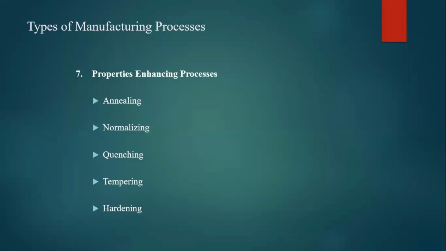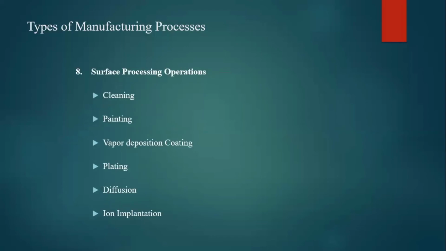Then we have another category of manufacturing processes that involves the property enhancing processes: annealing, normalizing, quenching, tempering, hardening. Then we have the surface processing operations, which involve the cleaning operations, painting operations, vapor deposition, coatings, platings, diffusions, ion implantations.